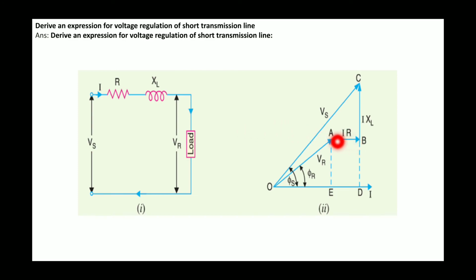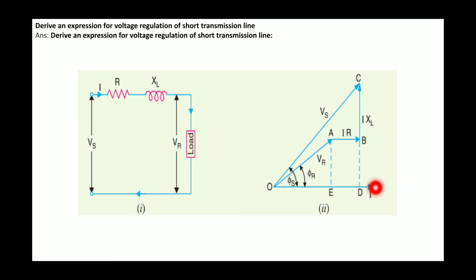Now you can understand why this IR is a straight line, parallel to the current, because V is equal to I into R. So VR is equal to I into R.